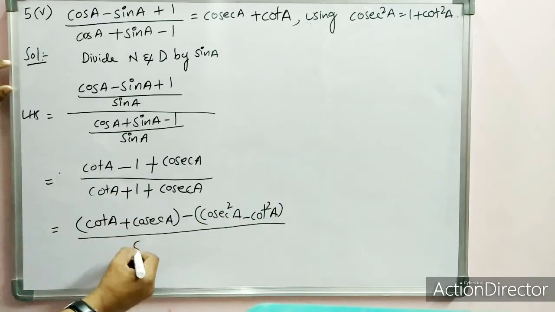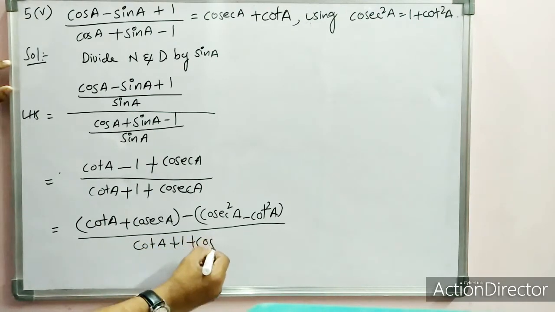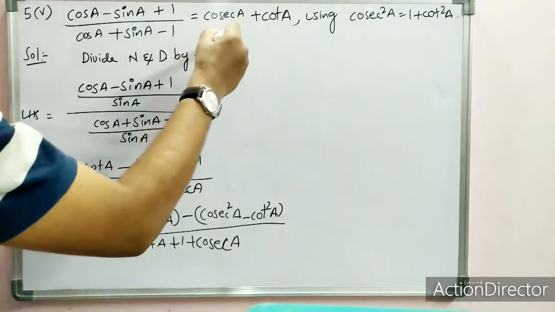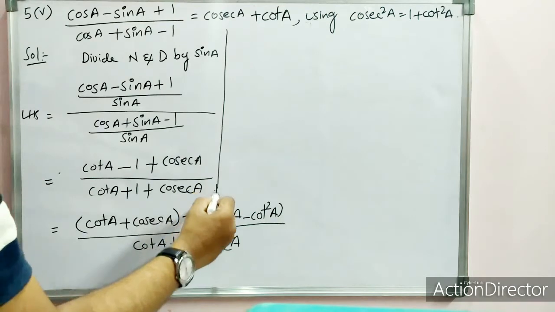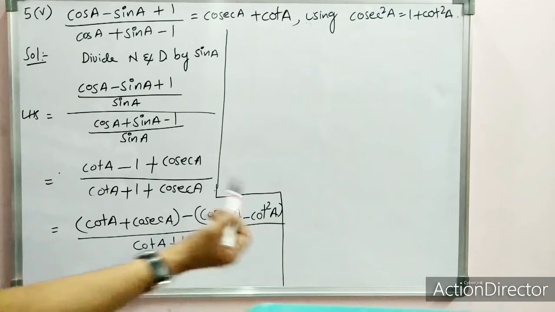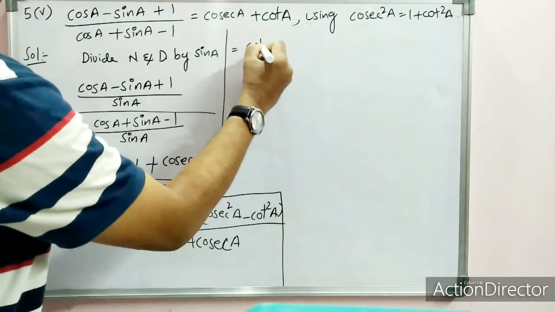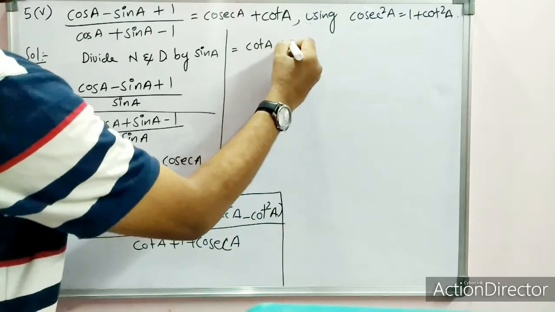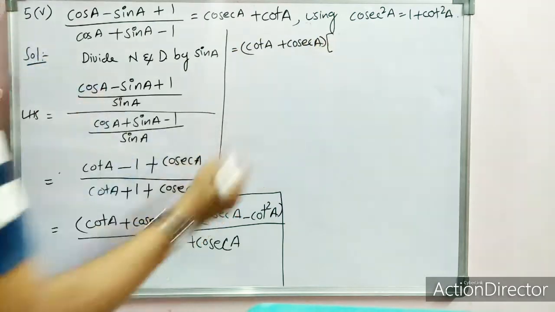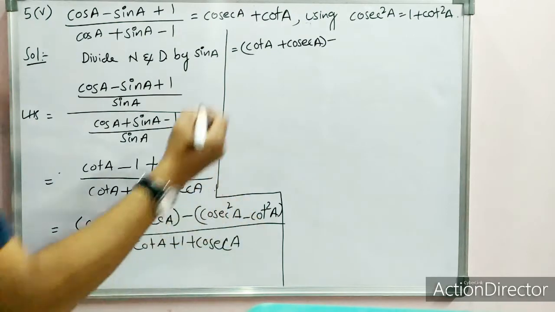Now the denominator you do not change, keep it as it is, 1 plus cosecant A. Now this is A square minus B square. So first you write as it is, cot A plus cosecant A, and the second part has a minus here.